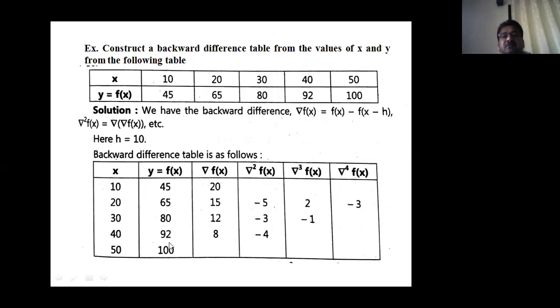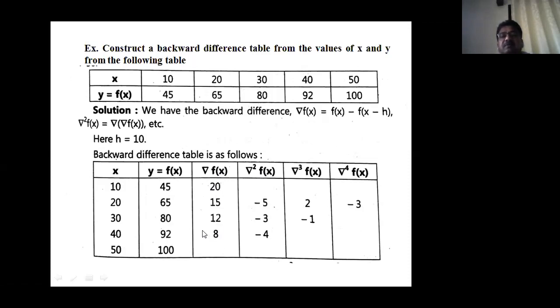So write the values of y or fx in the second column. And the third column is del fx, the next column is del square fx, del cube fx, del raised to 4 fx. The entries in this column: del fx is 65 minus 45, that is 20, 80 minus 65, that is 15, 92 minus 80, that is 12, 100 minus 92 is 8.